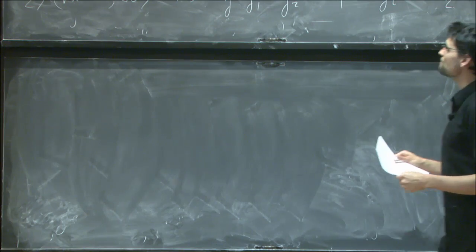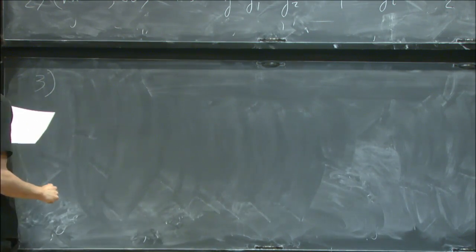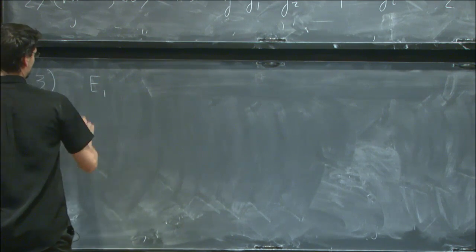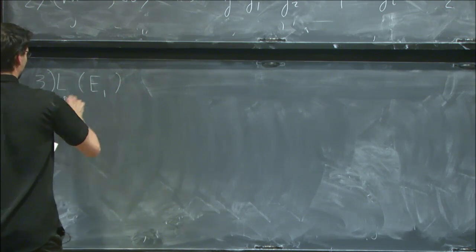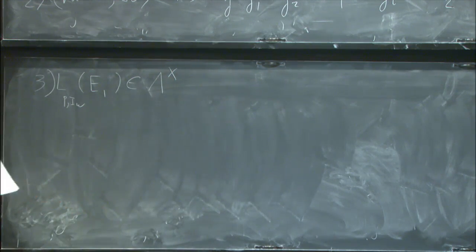But lest we be too optimistic, let me mention three, that if you take the p-adic L function of the elliptic curve E1 at p equal to 5, and you compute it, then you can see easily that this is a unit in lambda.